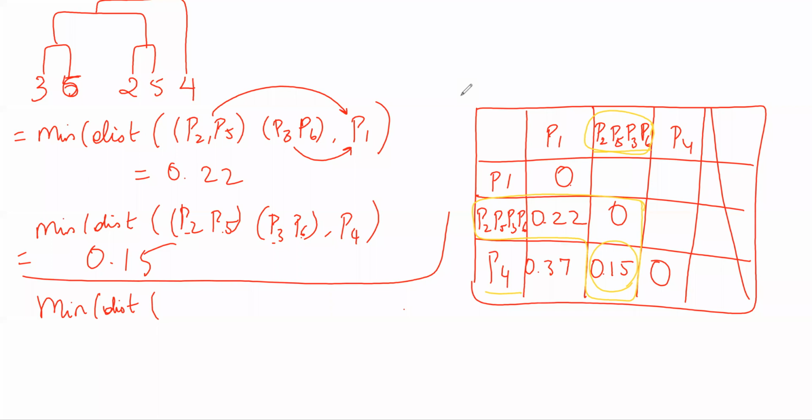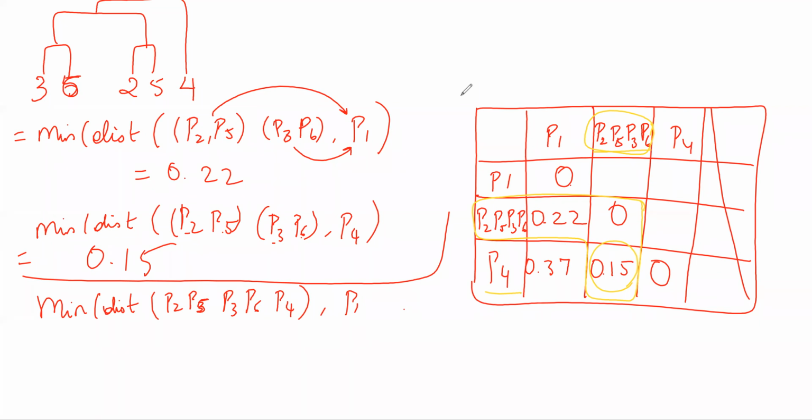which point? P2, P3, sorry, P2, P5, P3, P6 with P4 to P1, because that's the only point that is left out for me. I'm just going to identify how I do it.